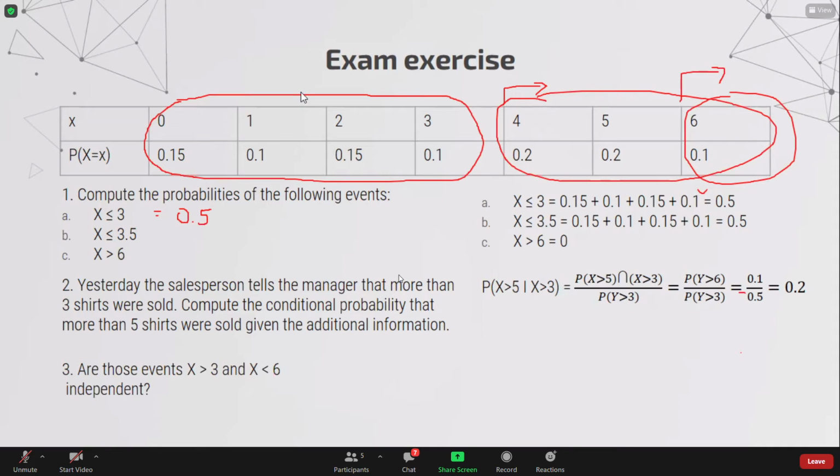We have to decide if the events X being more than 3 and X being less than 6 are independent. Do you remember the formula that was for independence? No, can you share that one again? Yeah, sure, of course.